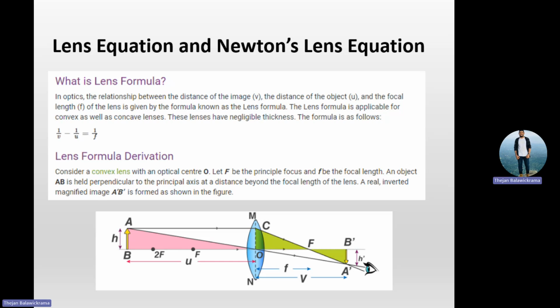So draw this with A'B', and also draw a convex lens. An object is placed away from 2F, that is h in height, AB.